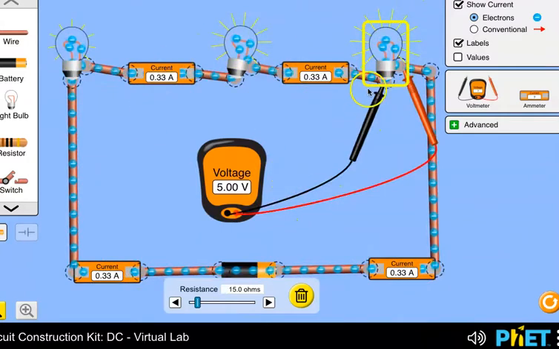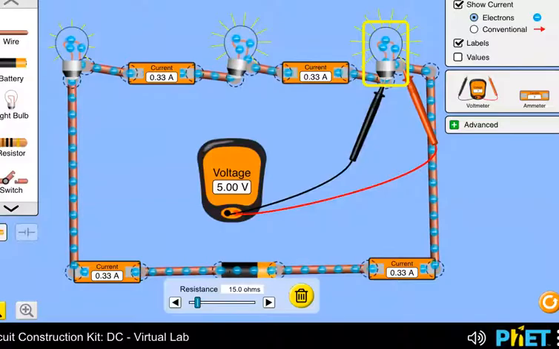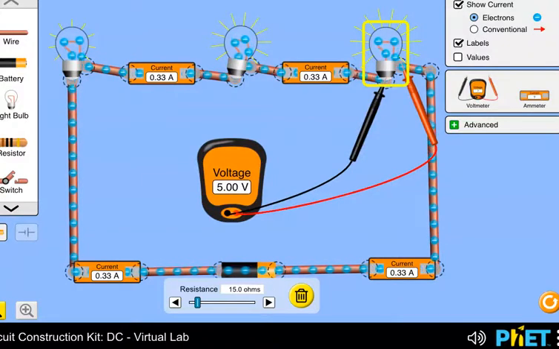But in a series, it both splits, decreases the current, but also distributes the voltage. Knowing that the current would like to go the path of least resistance.